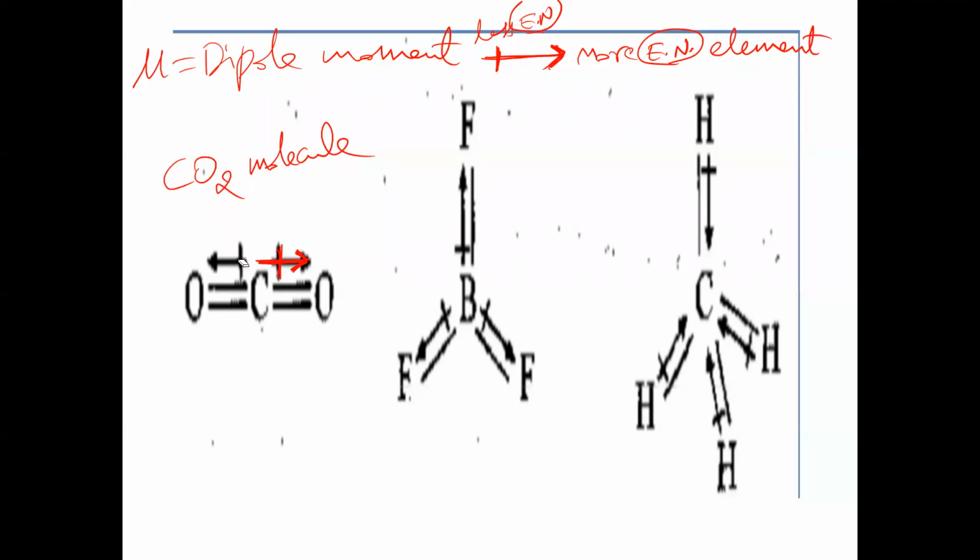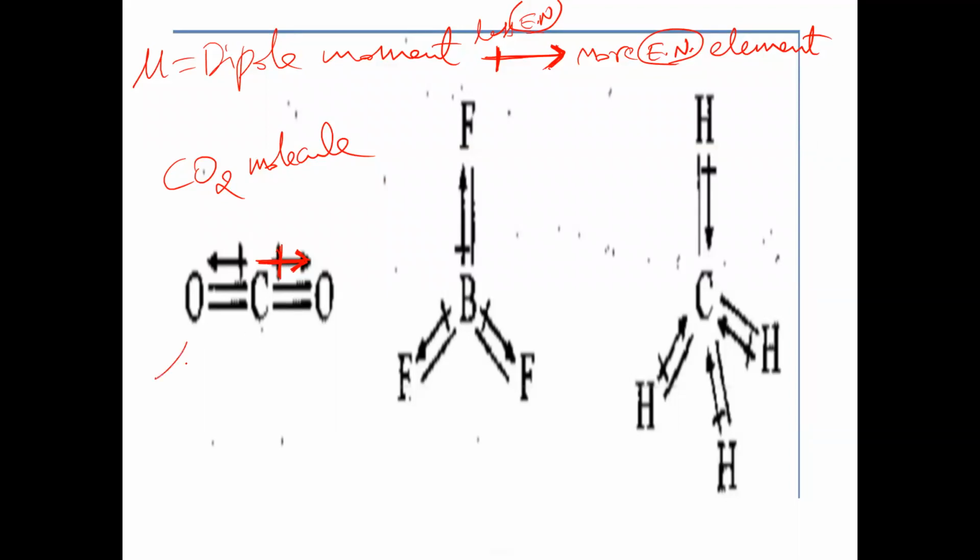So here, it is one bond moment for this double bond, and this is a bond moment for the other double bond also. Now what is happening? The C double bond O bond moment and the other C double bond O bond moment, both get cancelled.